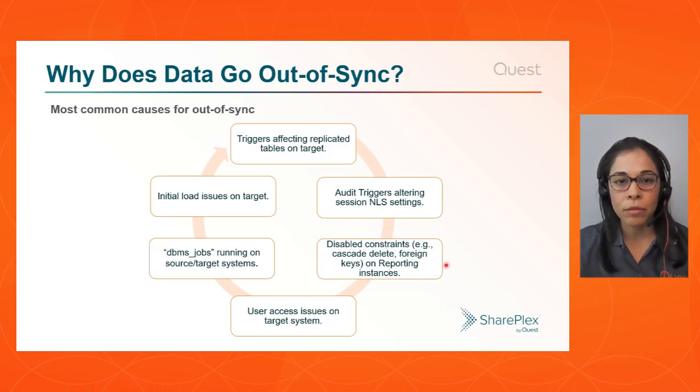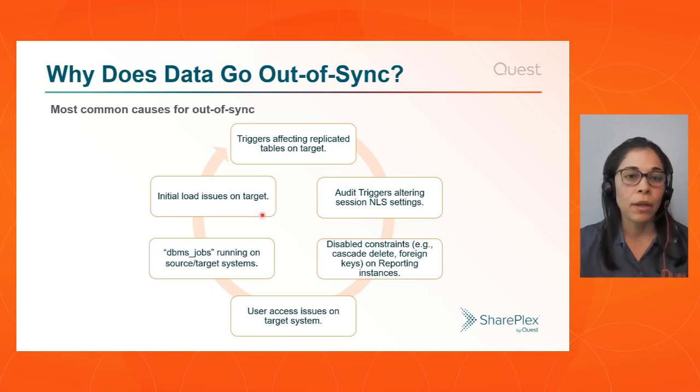Extra constraints on target tables like foreign keys, or DBMS jobs running on the source and target system that could be modifying data automatically, can also lead to these inconsistencies. Even user permissions that are not aligned between the source and target, or the initial load that you have done during the creation of the target database, can also cause this kind of autosync. So it's very important that you validate this information in your current system.